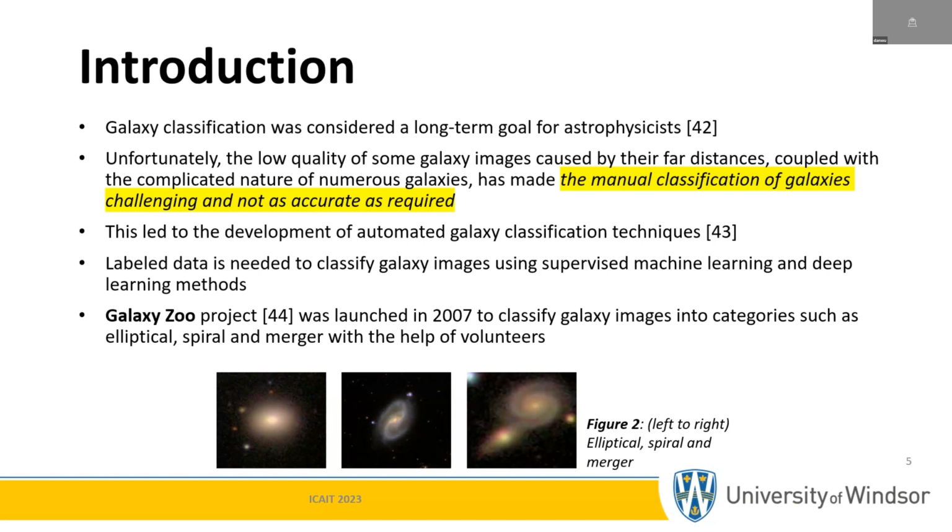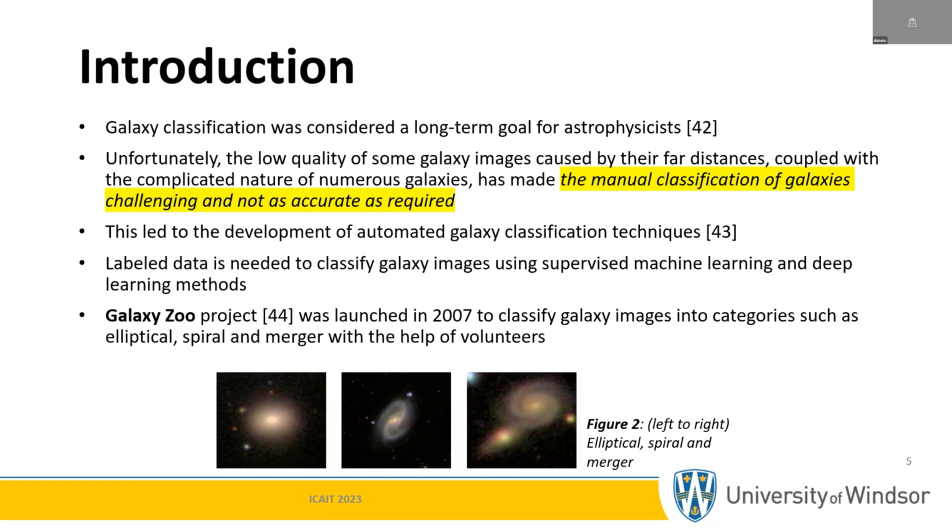Because there are so many pictures, I cannot just hire people to classify these images. So they found a clever way. They developed this citizen science project. They put their images online and designed a series of questions to ask normal people. If you are interested in these subjects, go online, click a link, they show you images, they ask you a sequence of questions, you tell them what this image looks like.